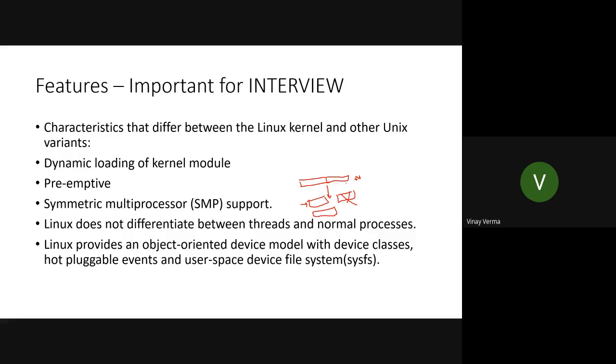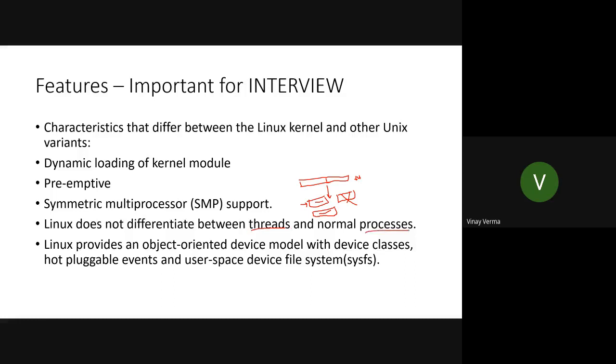Definitely, if you split a 64-bit number into two and send both parts into the system and get the result, it will require less time. In the other case you send this one, and when the acknowledgement comes you send the second one, then the third one, then the fourth one. So that takes more time. So that is symmetric multiprocessor support.